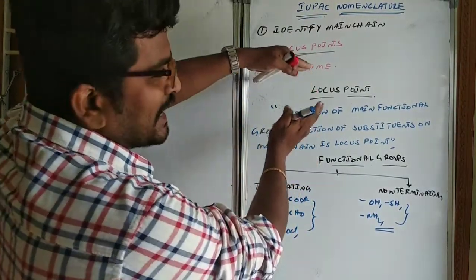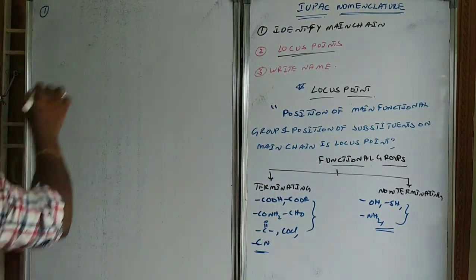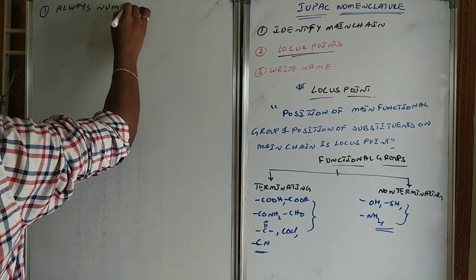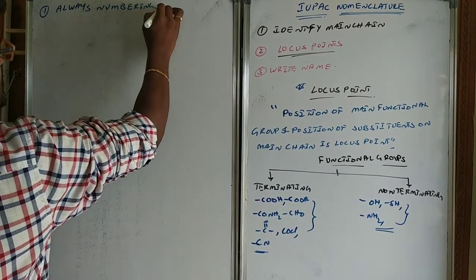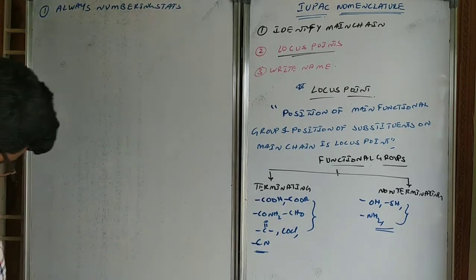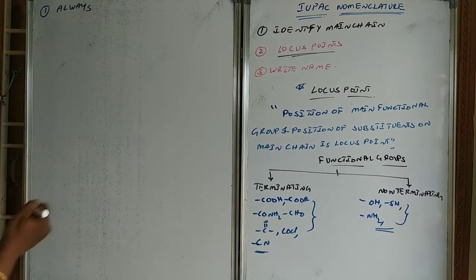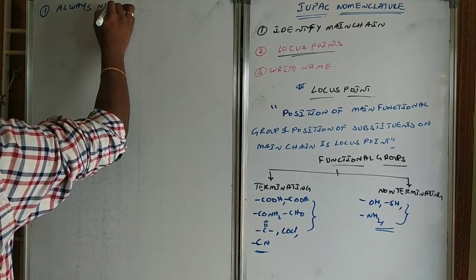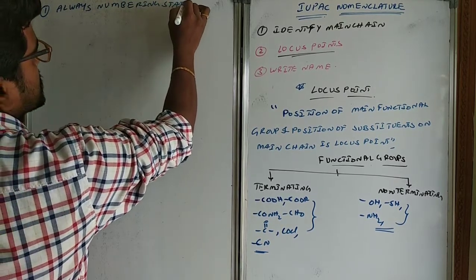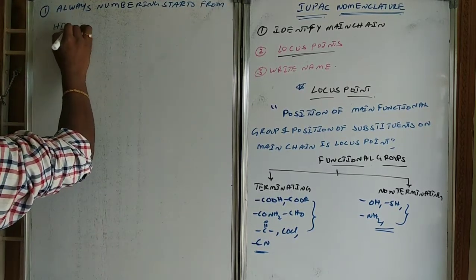Now let us see the guidelines to write the locus points. The first one is: always numbering starts from the high priority functional group.